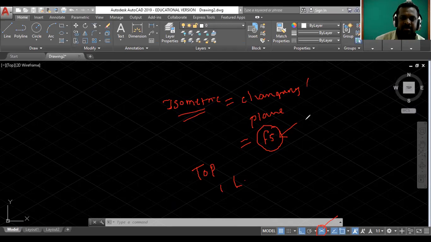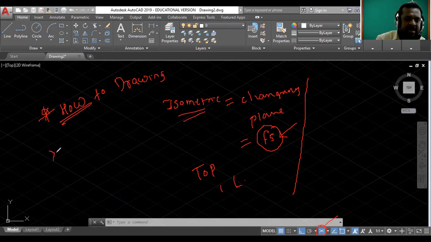Again, the important point in isometric view is how to draw a circle in the isometric. Only that point you have to remember. Whenever we want to draw a circle in isometric, at that time we have to use the ellipse.